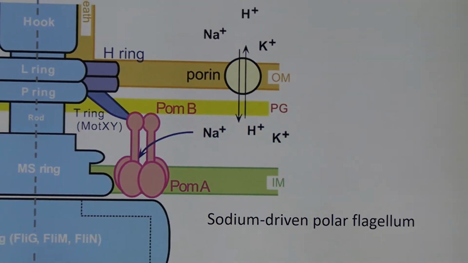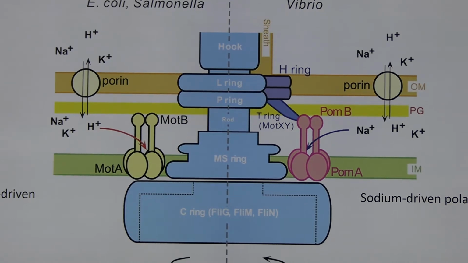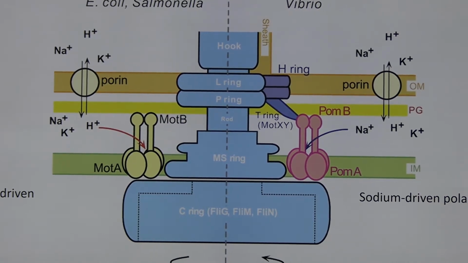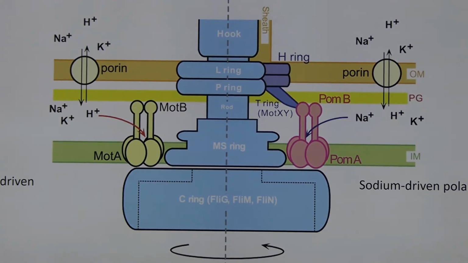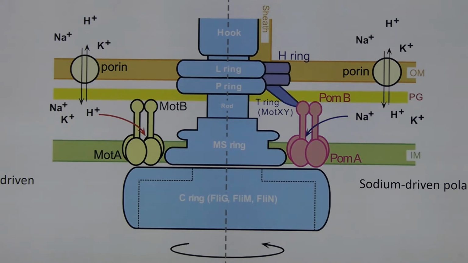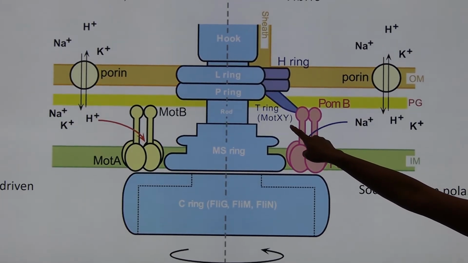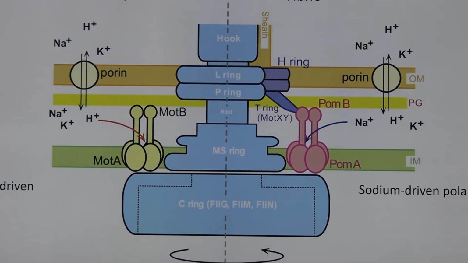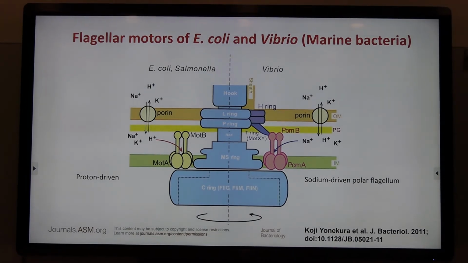Instead of MotA and MotB, the Vibrio displays structures consisting of PomA and PomB, which are homologs of MotA and MotB. There is also a T ring, which consists of MotX and MotY proteins. And the important thing is that the Vibrio polar flagellum uses a sodium gradient instead of a proton gradient.